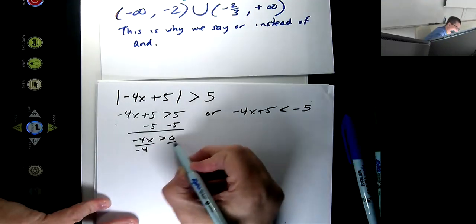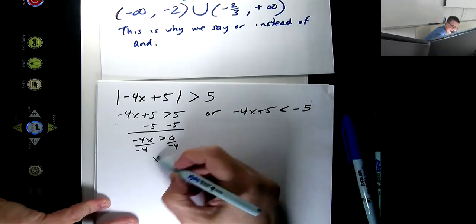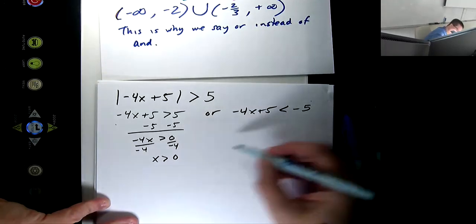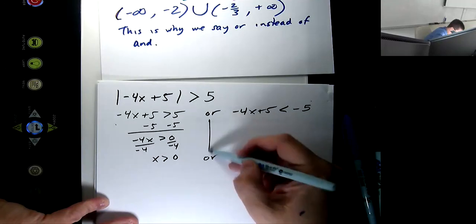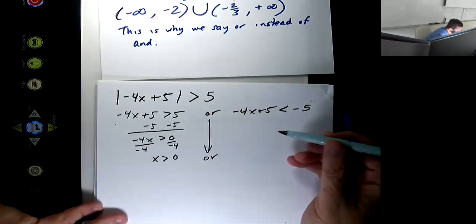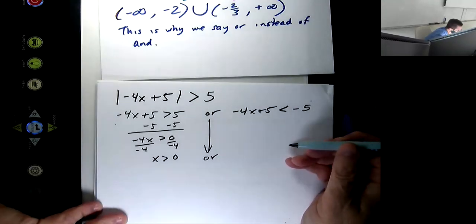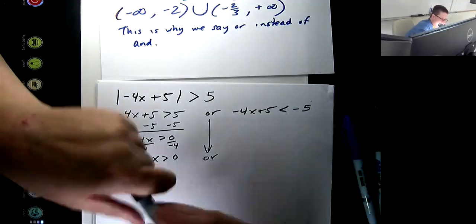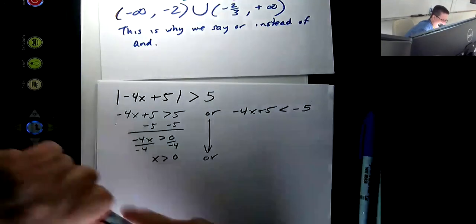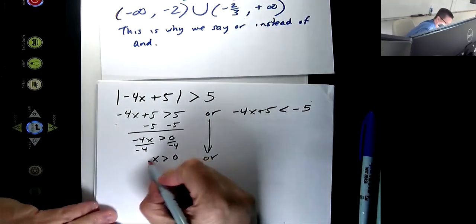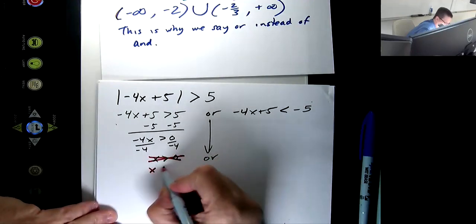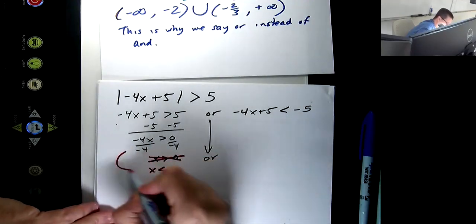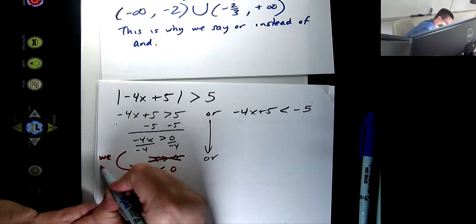Divide by negative 4, and I get x is greater than 0. Or... sign switch, you're right. That's not right. It's x is less than 0, divided by a negative.